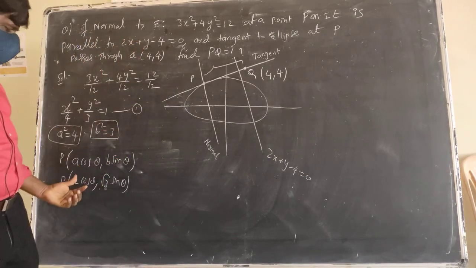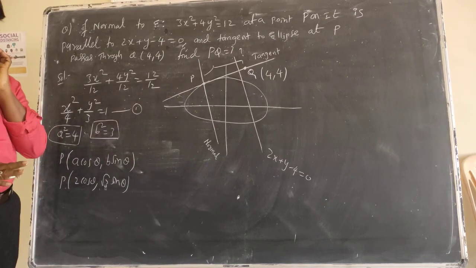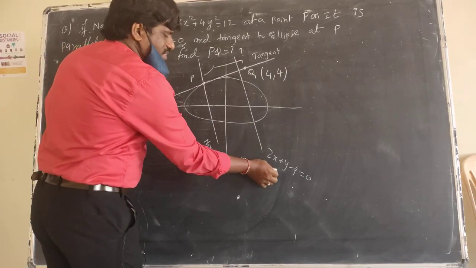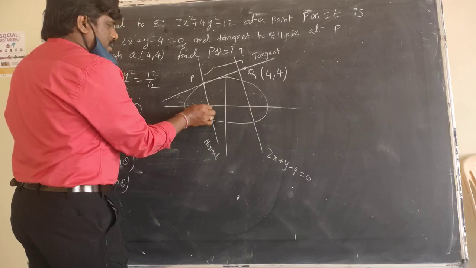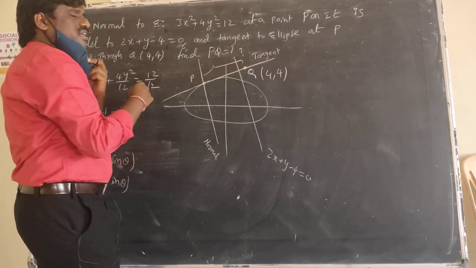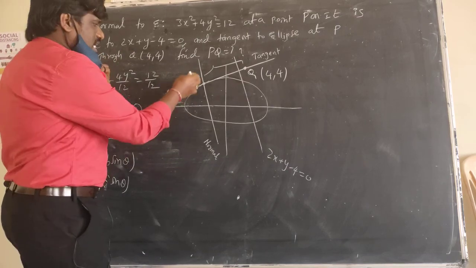But I am using the parametric form. This problem can be solved by 2-3 methods. The simple method is to find the slope of this line, and then the tangent slope will be perpendicular. You get the equation of the tangent and the equation of the normal.